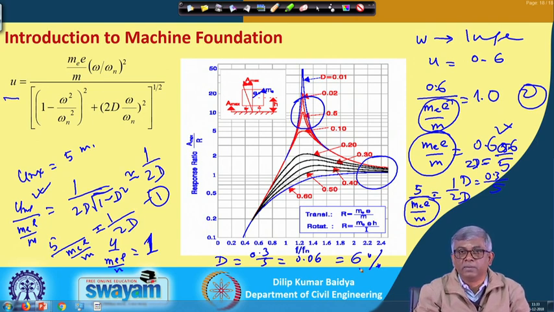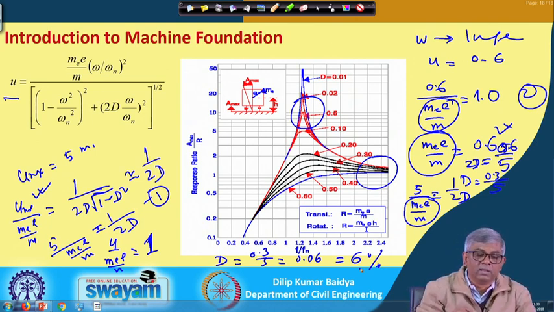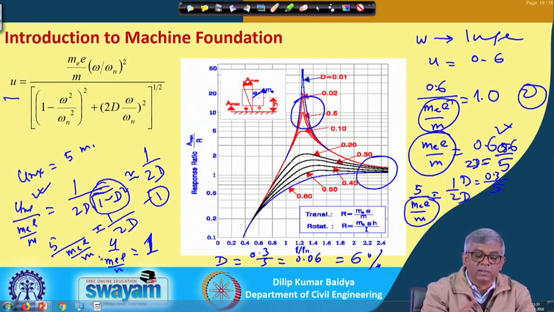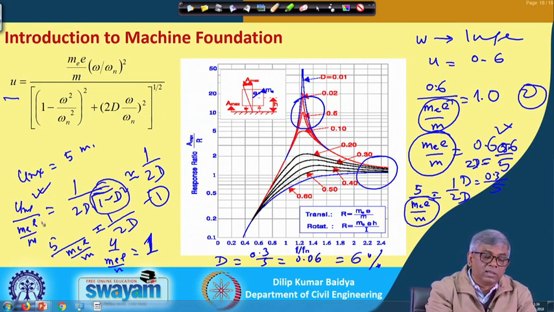Is this problem clear? What I have done: u max over m e e over m, I know that for resonance condition this is the expression, and if the damping is low, the under root 1 minus d square is also close to 1, so I can simply write it like this. That means 5 divided by m e e by m equal to 1 over 2d, this is equation 1.